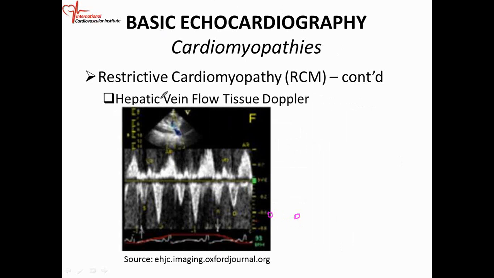This is your hepatic vein flow in someone with restrictive cardiomyopathy. So your ECG is there. So you get your systolic component, diastolic flow reversal, okay, and then your atrial flow.